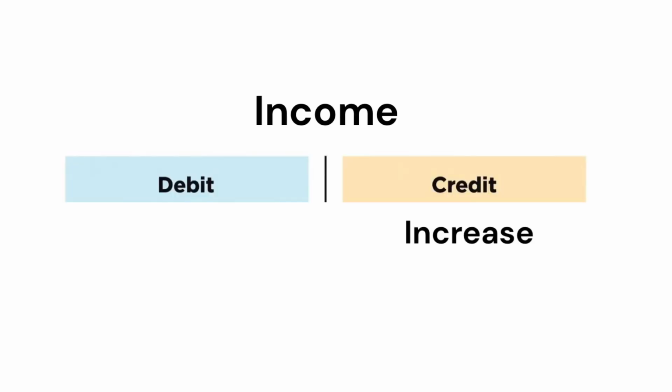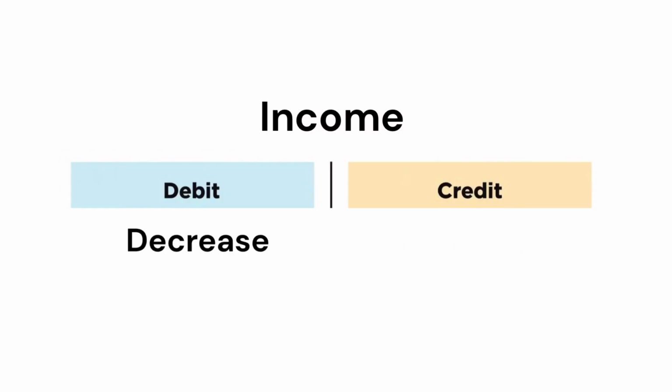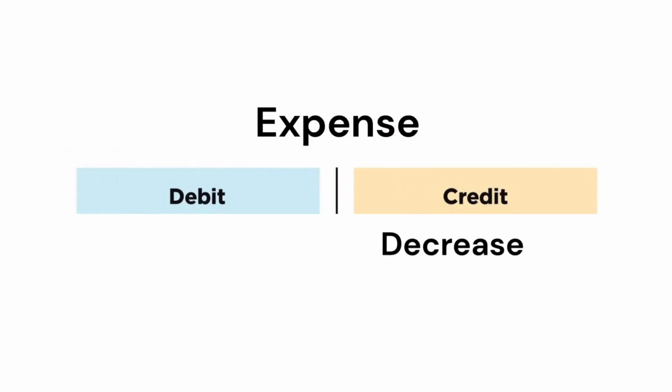The income accounts have a right-hand balance, so to clear them you need a left-hand entry. And the expense accounts, to clear them you need a right-hand entry since they are left-hand accounts.